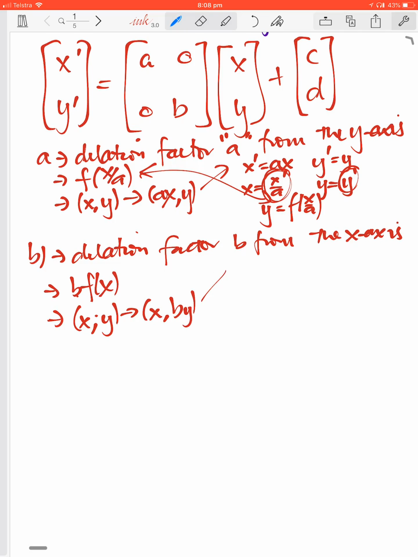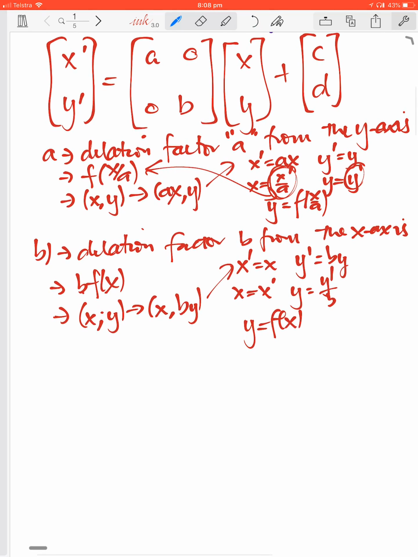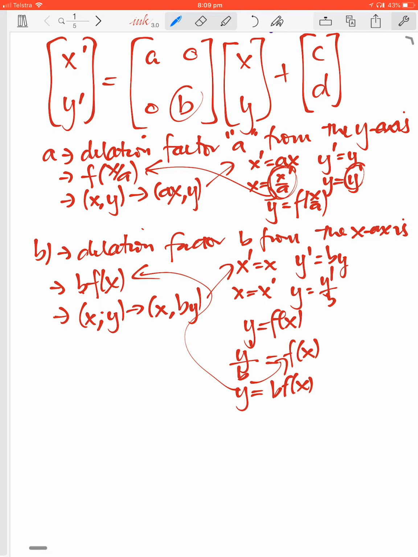In terms of function notation, x dash equals x, y dash is equal to by, x equals x dash, y equals y dash on b. So if y equals f of x, we get y on b is equal to f of x. If I multiply the b across, I get y equals b times f of x, which as you can see in function notation, that's exactly the same. And that's a dilation factor b from the x-axis.